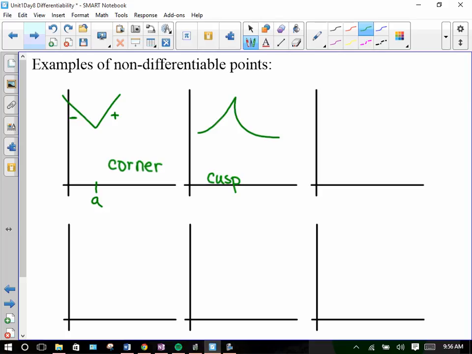Now, another way, and I'm going to exaggerate this a little bit, is where you have what we call a vertical tangent, which looks like this.